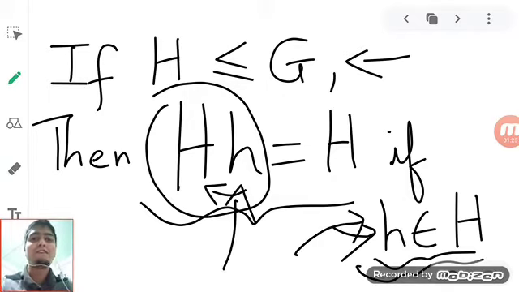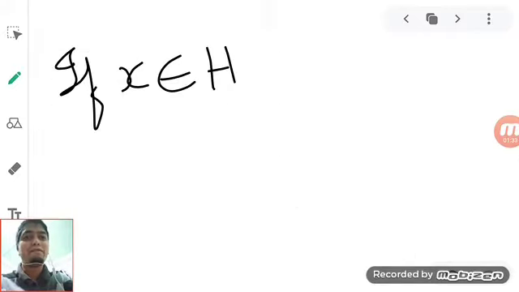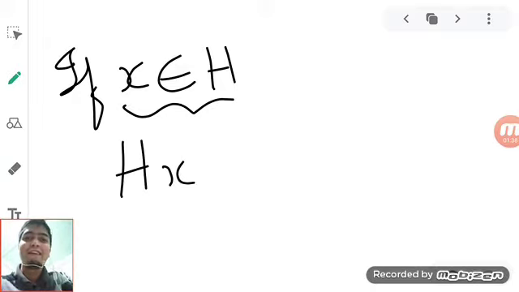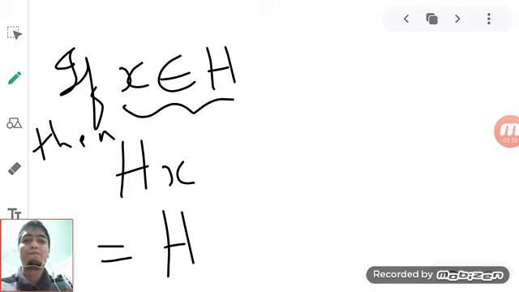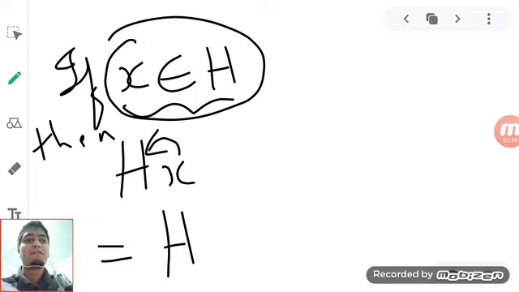It is just used to represent an arbitrary element of capital H. So if x belongs to H, and H is a subgroup, of course, then Hx will be equal to H. Once again I repeat, even if you have x belongs to H, Hx will be equal to H. x will be absorbed by H, provided small x belongs to H.